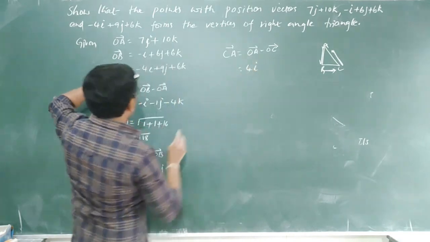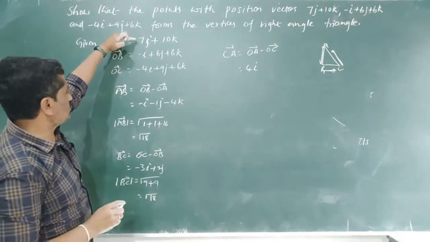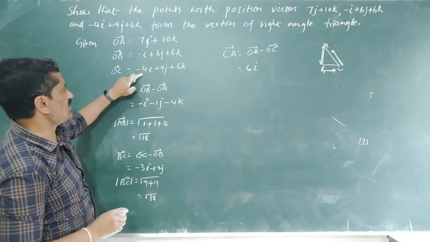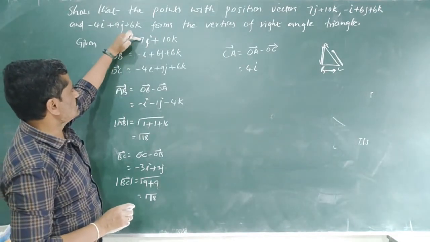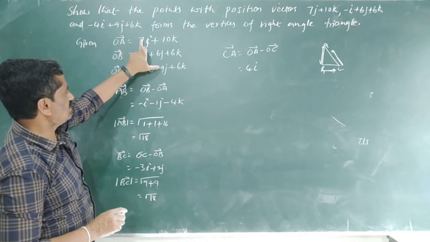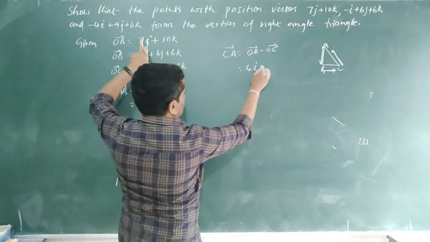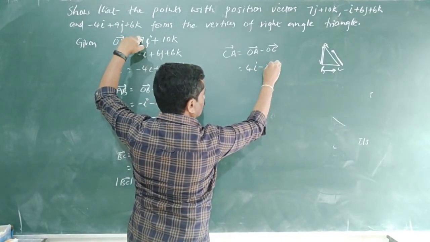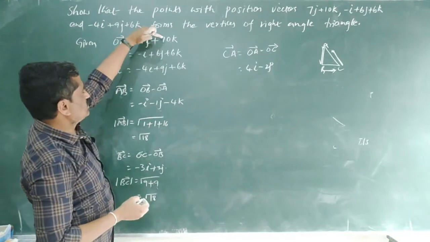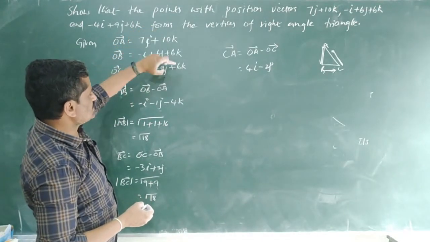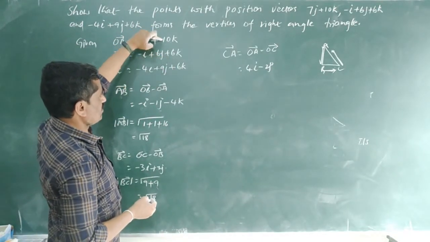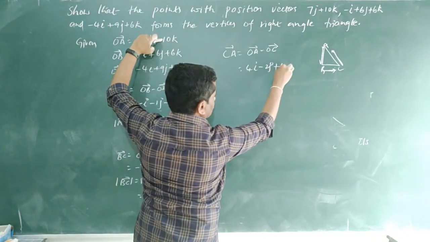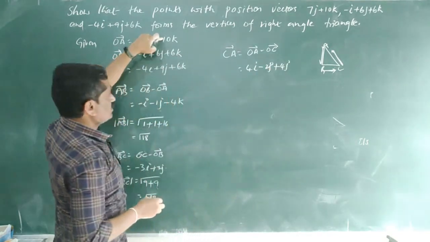Children, what is the i term here? 0. So 0 minus of minus 4, we have plus 4. Again, 7j minus 9j, we have minus 2j. Again, 10k minus 6k, we have 4k.